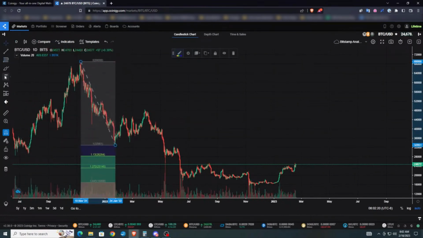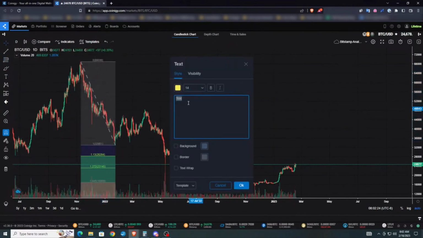And the question we want to ask ourselves when using this study is how much of the previous move are we likely to see replicated should the trend continue.